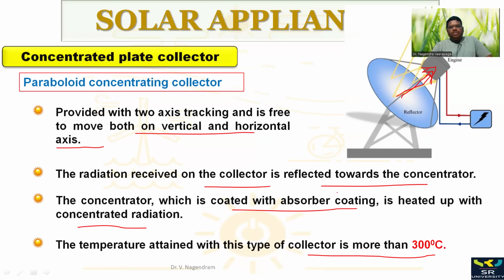Coming to the overview of today's lecture, we have discussed the basic solar thermal appliances. Broadly, we can classify them into two categories: one is solar photovoltaic systems, and another is solar thermal collectors.